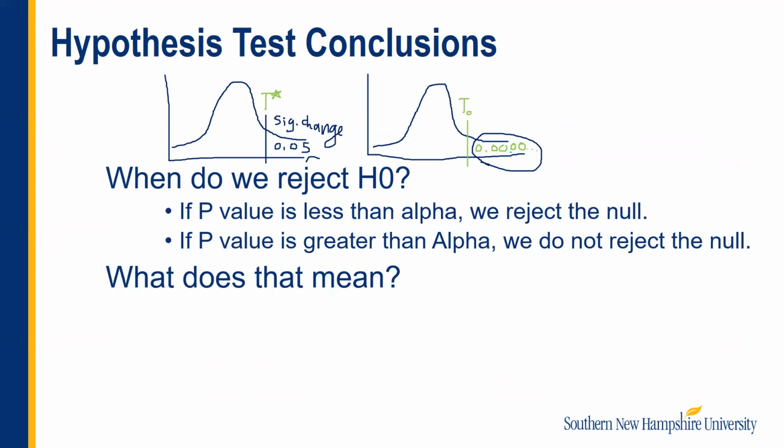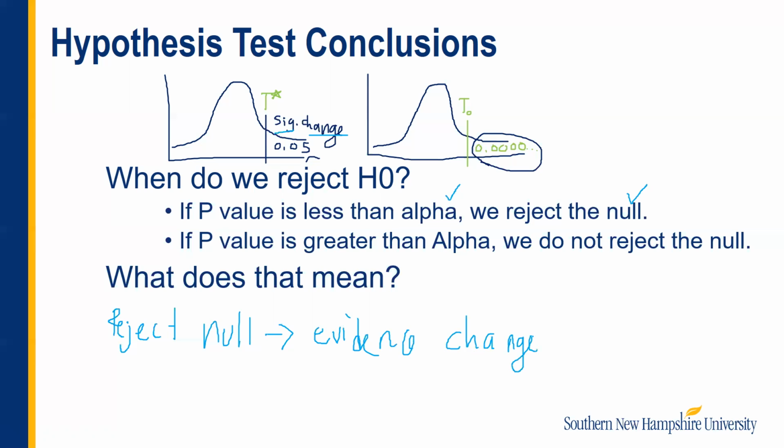Is that smaller? Yes. So yes, it's less, and therefore we can reject the null because it has significant change. So what does that mean? It means that if we reject the null, we are saying we have evidence of a change.